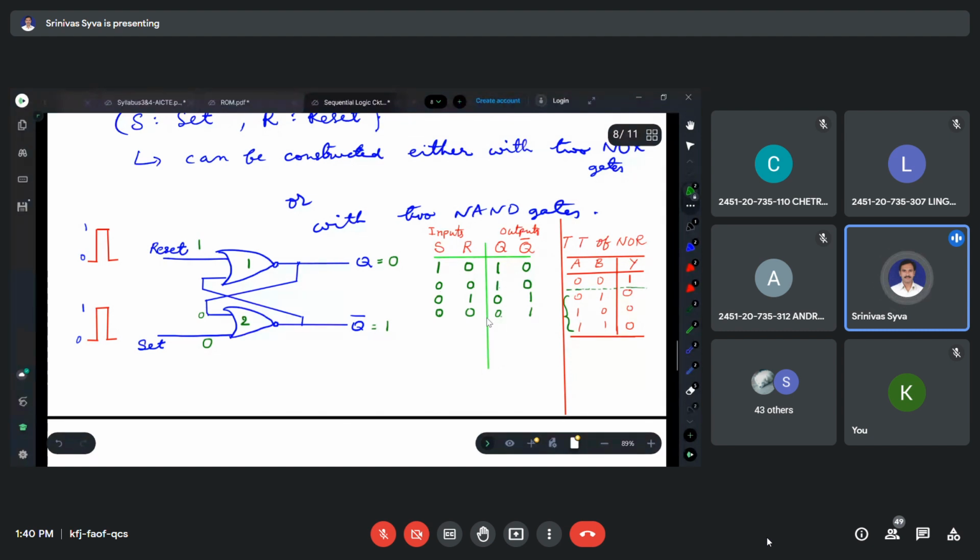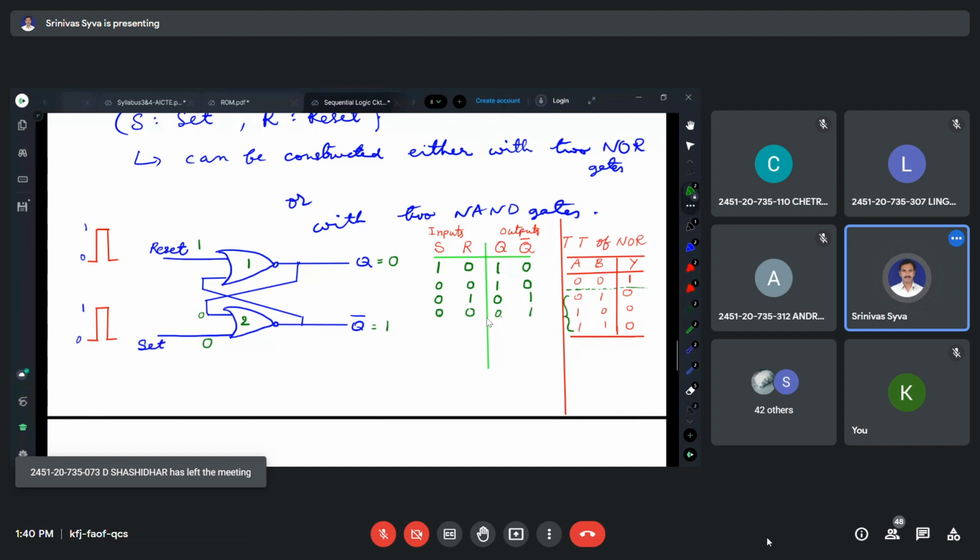That means the output is not simply dependent on the present inputs. The present output is depending on the past output. From this truth table you will understand this. So for 0 0, the same 0 1 will continue.